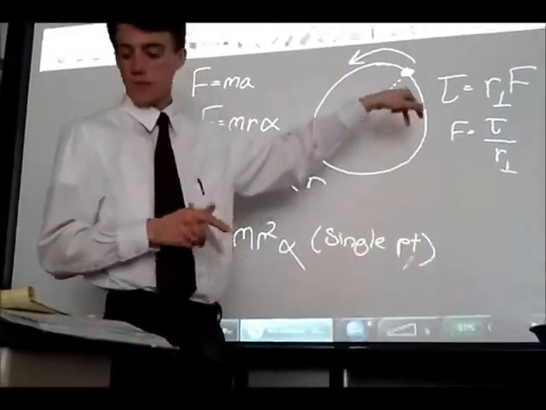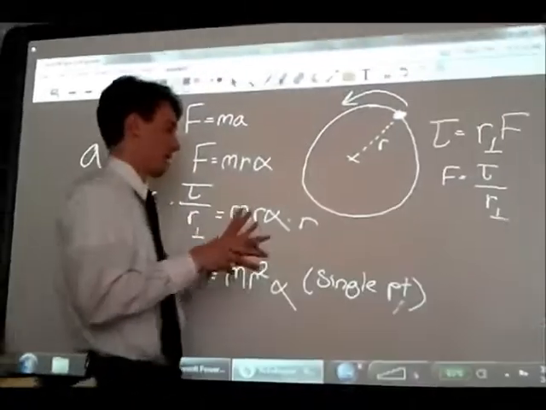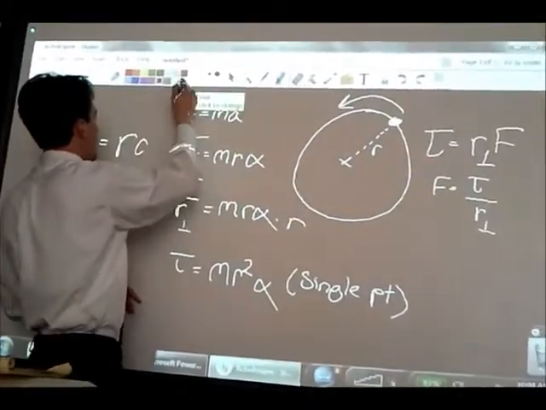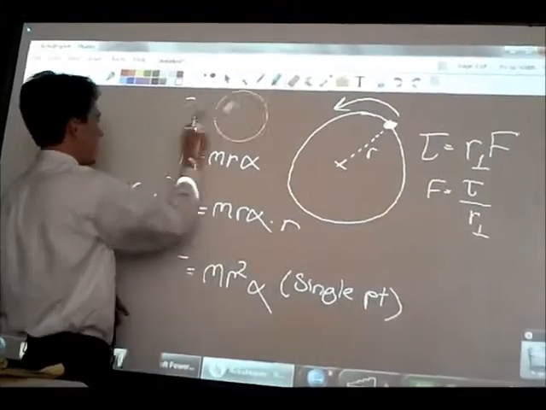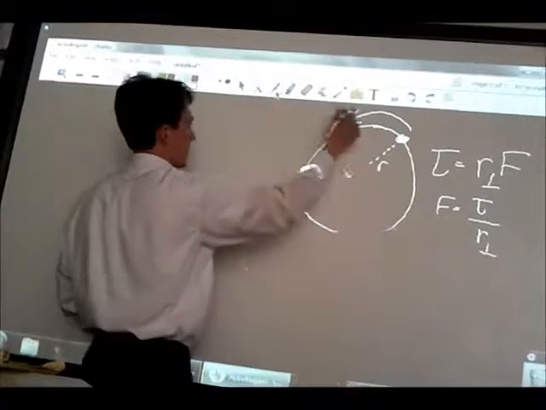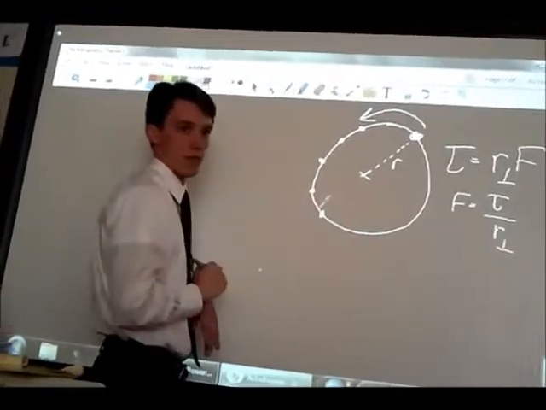Okay? Alright, now with that being said, most of the times there's not just a single point. So when we do this, we have to take into consideration all the points that might be involved. Just like there might be multiple points rotating around this circle. Alright?